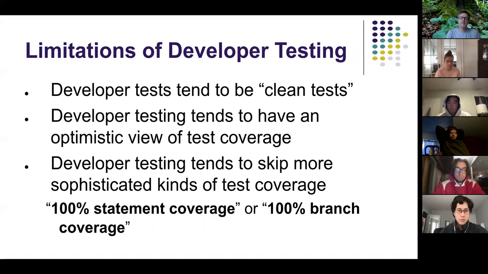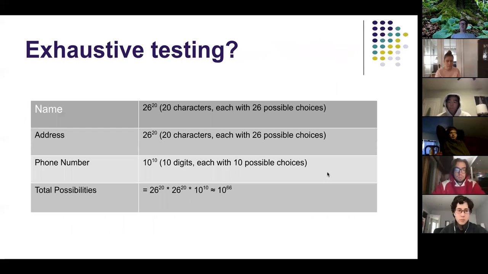So now, one of the things that comes up from time to time is exhaustive testing. Can we test everything? Well, let's think about this. Let's say we have just a database and we actually want to do exhaustive testing.